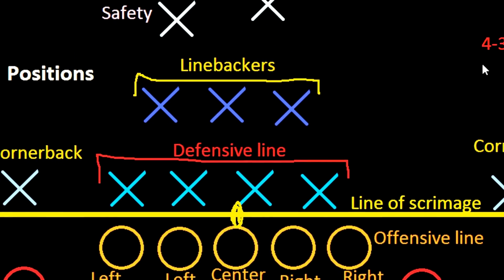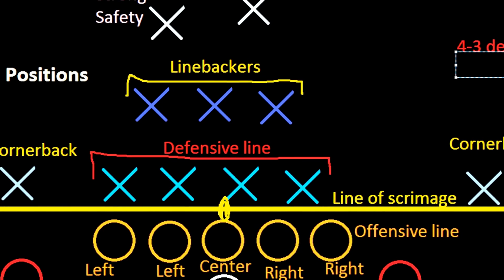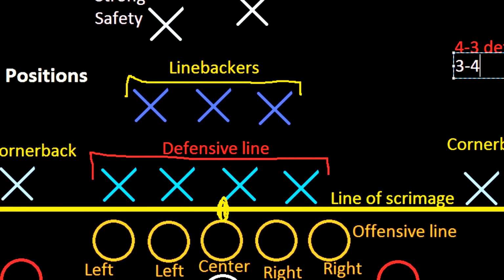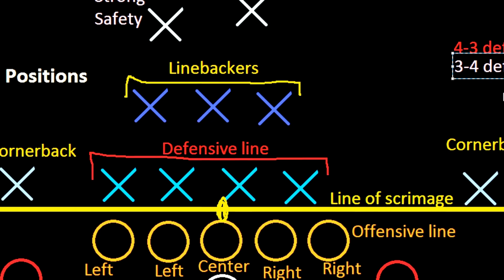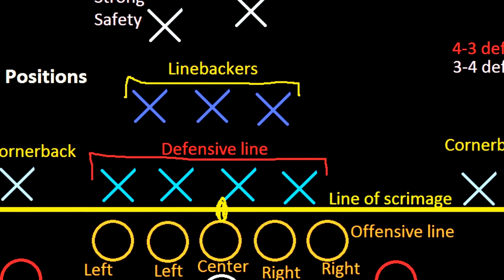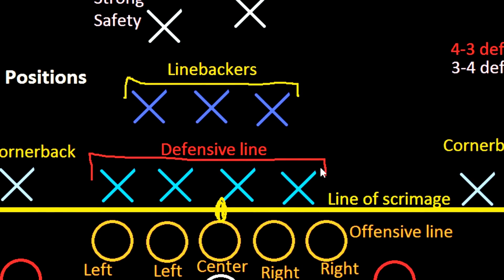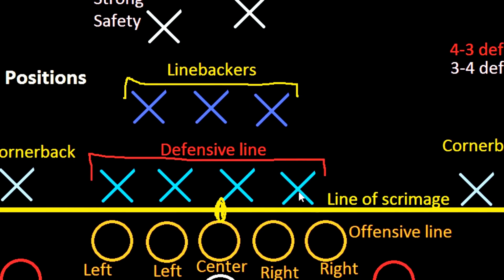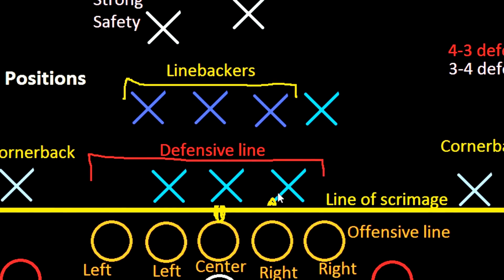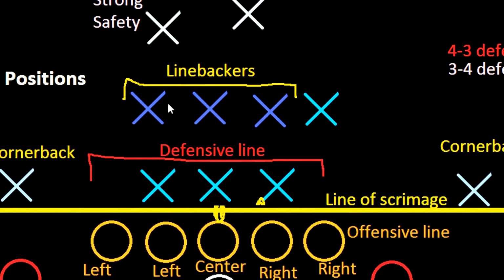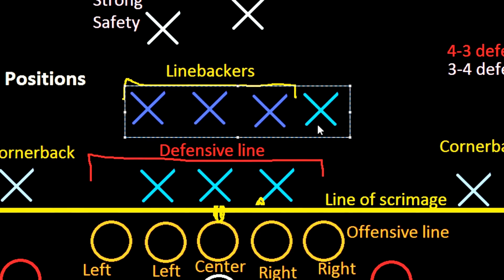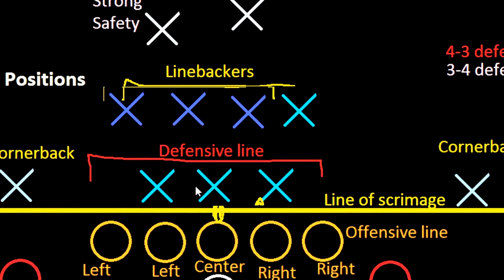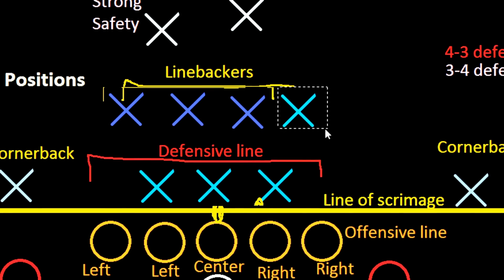The other common way that you might see guys line up instead of a 4-3 is a 3-4 defense, which would simply mean that one of the linemen will actually move back, and so you will have 3 linemen, and then you would have 4 linebackers, so that would be the 3-4 defense. And really these guys can stand wherever they want.